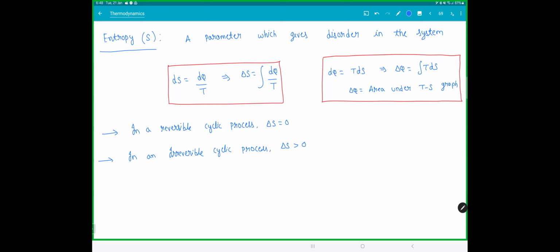So entropy of a system always increases. At maximum, it can remain constant. You can't decrease the entropy of a system. So if you have a TS graph, the area under this graph gives you the heat. You can put this down in the red box. That's it. For physics, we only have these 2 formulas for entropy, meaning it's actually the same formula.